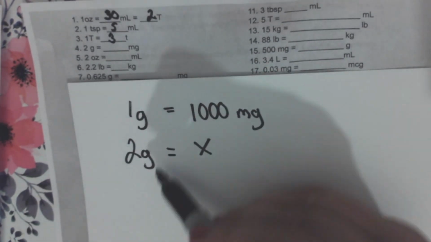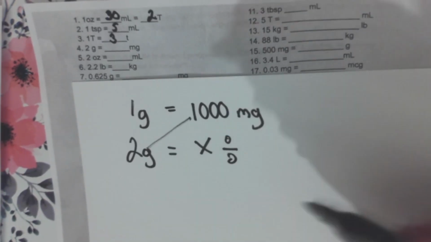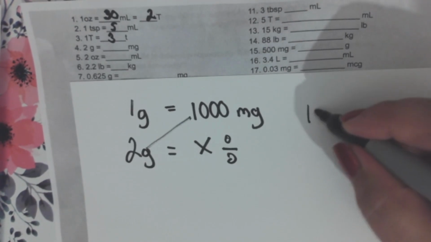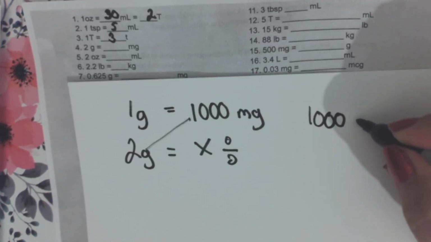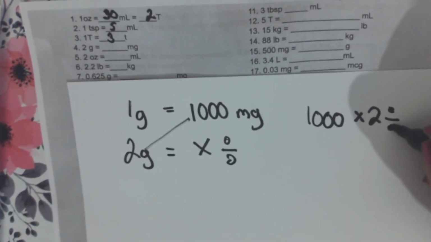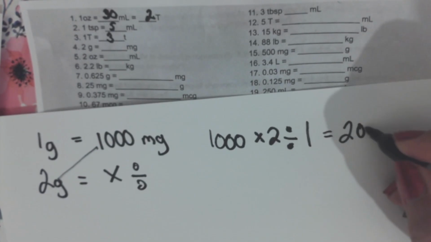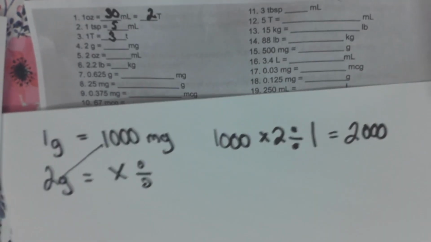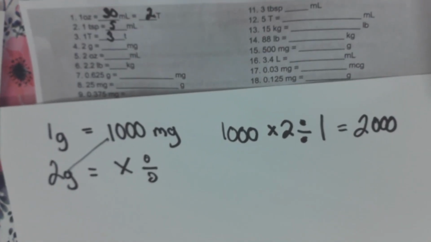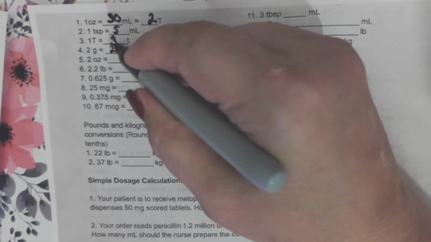So you want to cross multiply and divide by the X. So that is 1,000 times 2 divided by 1 equals 2,000. Keep apples with apples and oranges with oranges. So 2 grams equals 2,000 milligrams.